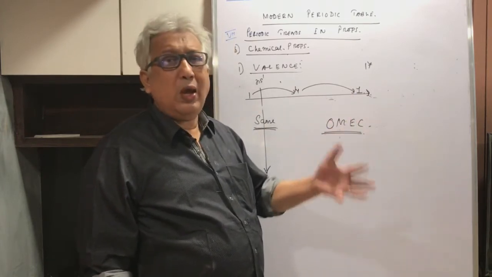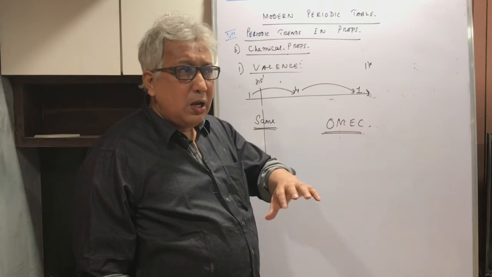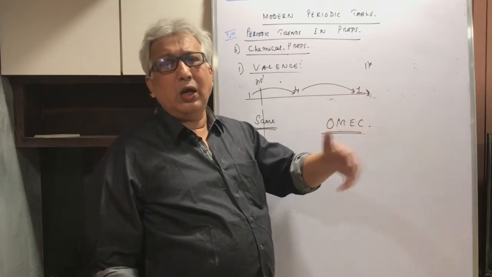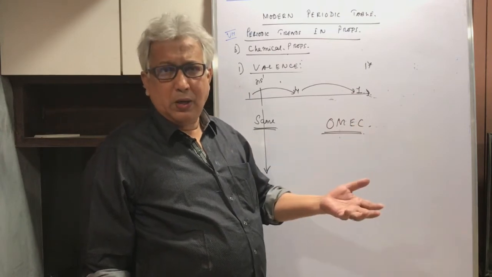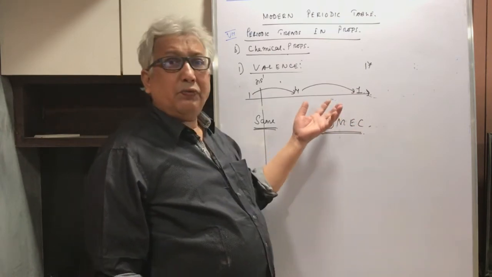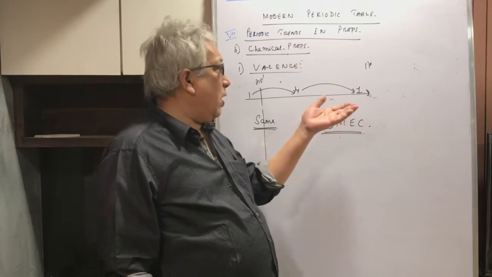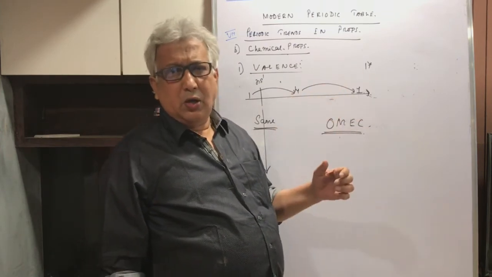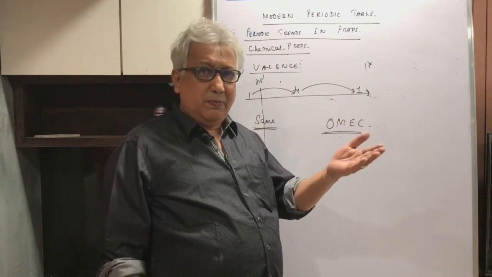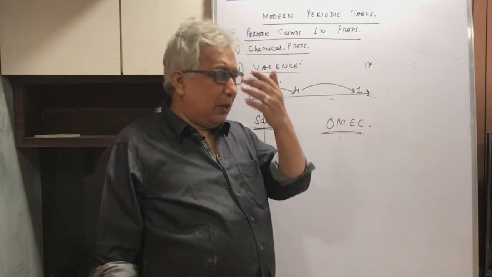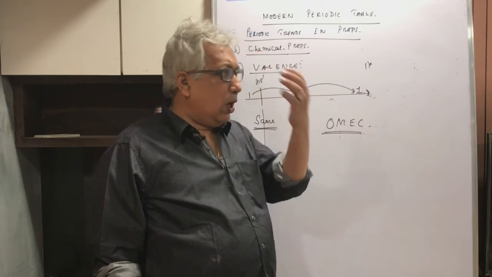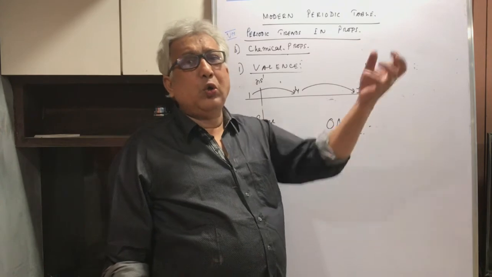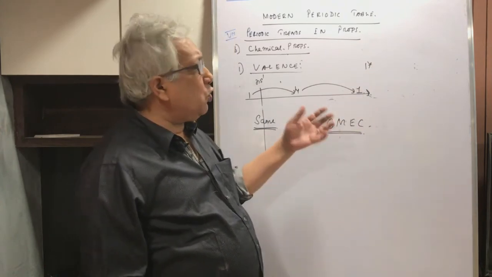Silicon, ns2 np2, it may share these 4 electrons with others, and therefore it will have a valency of 4. Then after that, if you think of phosphorus, ns2 np3, in that case it will have more tendency to gain 3 electrons, and therefore it will show a valency of 3.